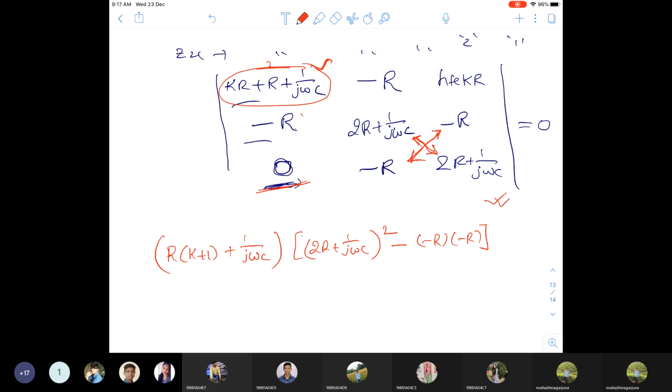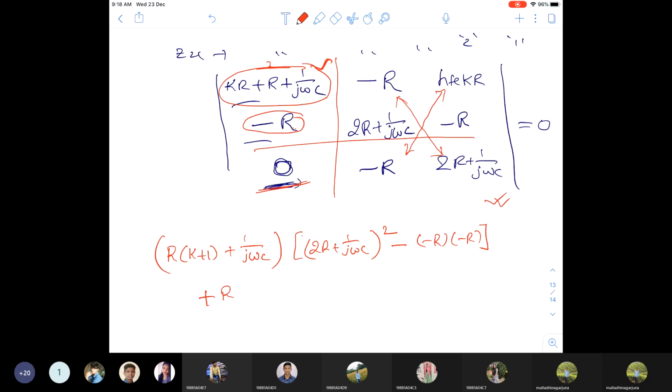Next one here. The formula is minus of this term into, but already there is a minus, so minus of minus becomes plus R into. Leave the row and column, and what we get is the product of these two minus the product of these two.